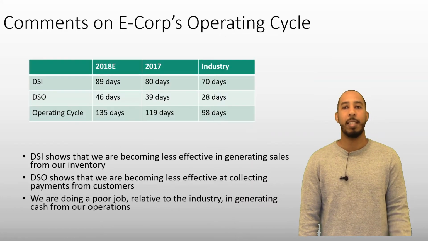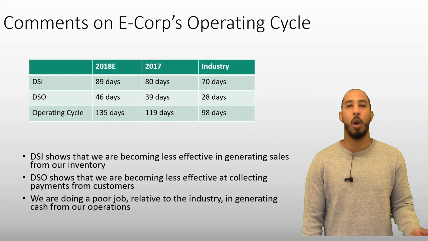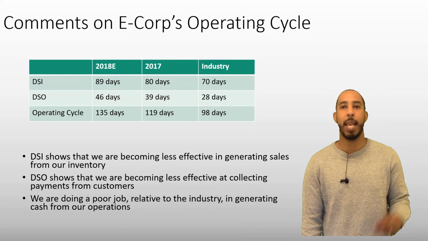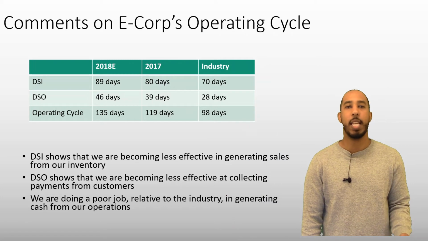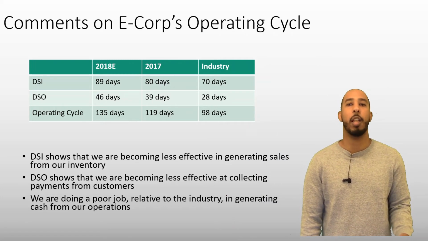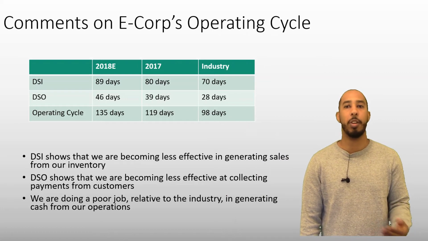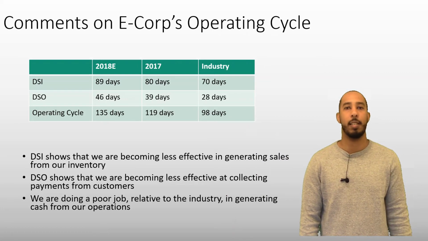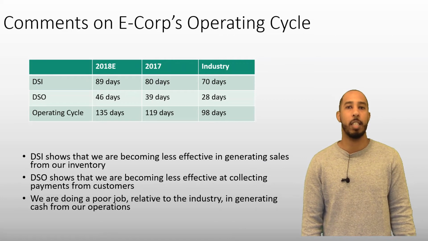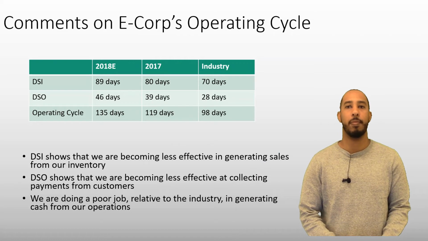On a trend basis, it appears that E Corp is going in the wrong direction. It's taken them longer to turn inventory into sales, going from 80 days in 2017 to 89 days in 2018. Similarly, it takes them longer to collect cash from customers, going from 39 days to 46 days. Altogether, the operating cycle increased between 2017 and 2018.